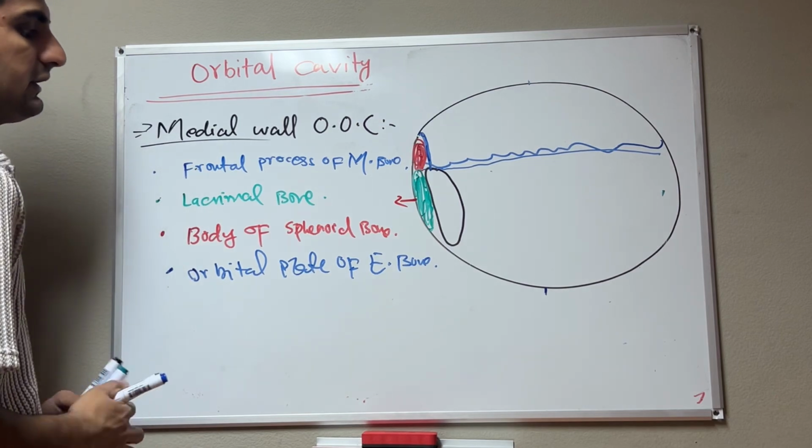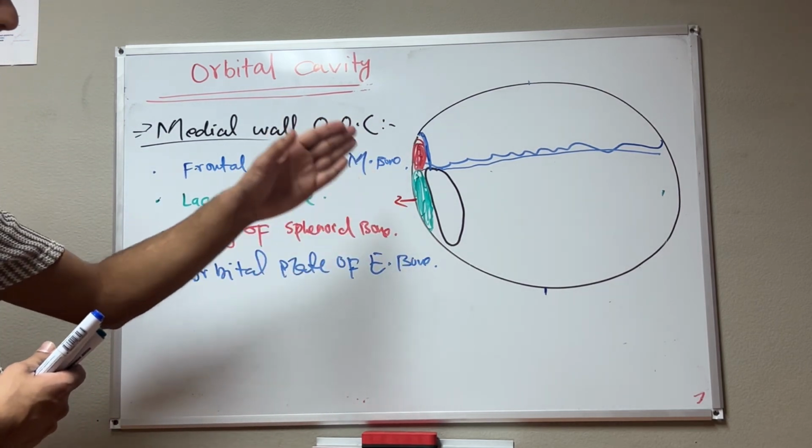This is a formation that takes part in the medial wall of the orbit.